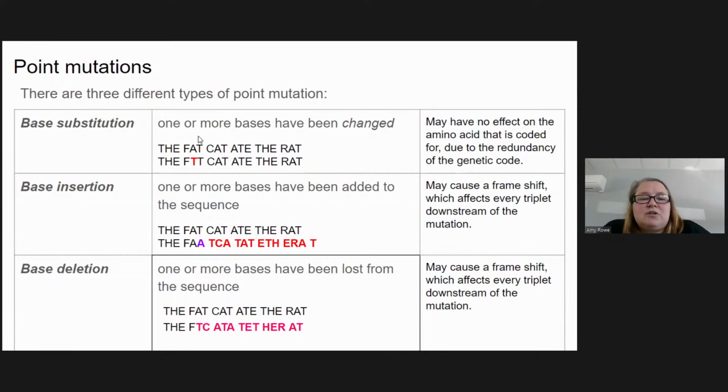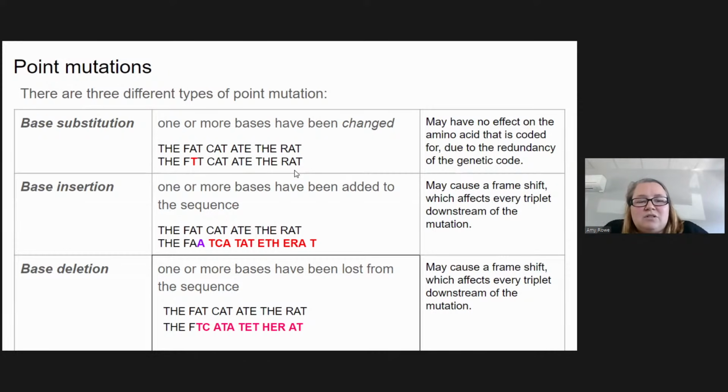For base substitution, this is where one or more bases have been changed. So in our sequence, the fat cat ate the rat. In our mutated sequence, that first A has been substituted for a T. Okay, so this no longer makes sense. This is not a word. FTT is not a word.